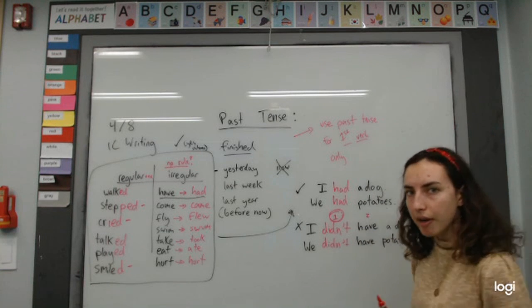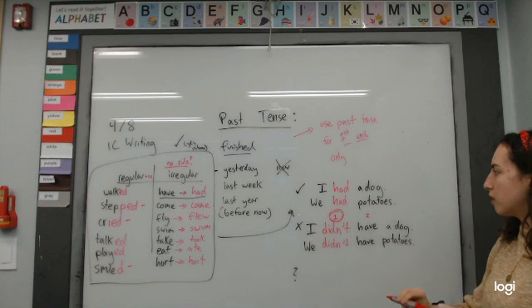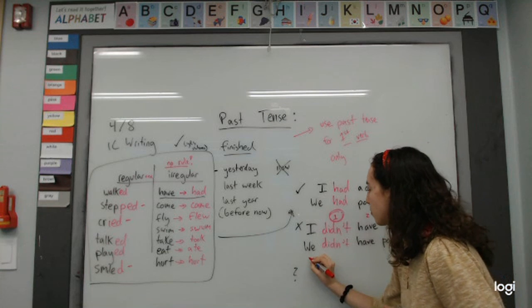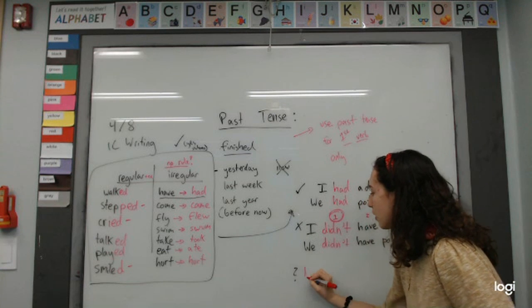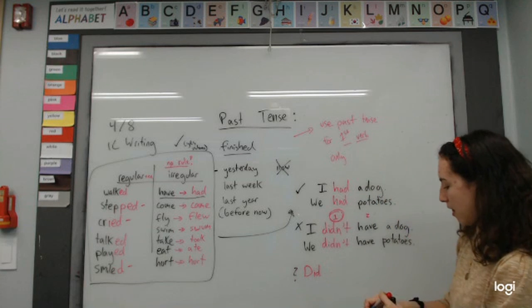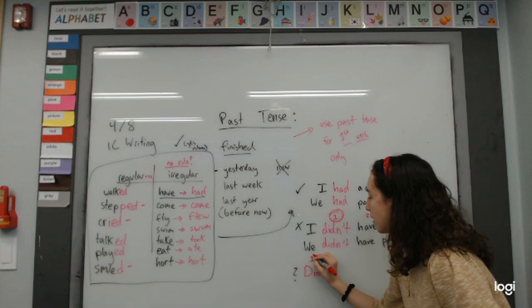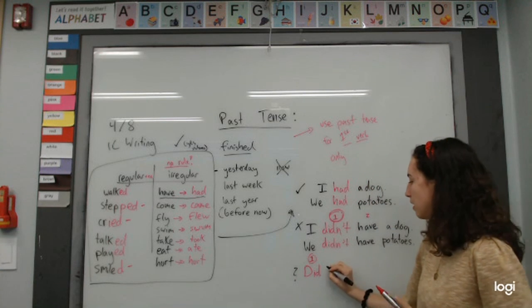Okay, and then the last thing we will talk about is past tense in questions. This is the same. We have to remember the first word, do, becomes did, and then the first one is in past tense, but the next one is not in past tense.